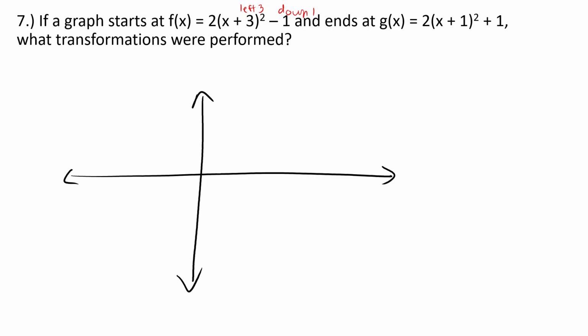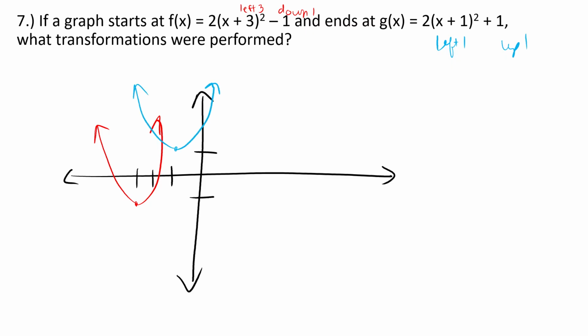So I'm going to go left 3 and down 1, and I'm going to make it look skinny, but I'm not messing with that. So that's where it starts: left 3, down 1. And where does it end? It is ending at left 1, up 1, and we haven't flipped it over or anything.